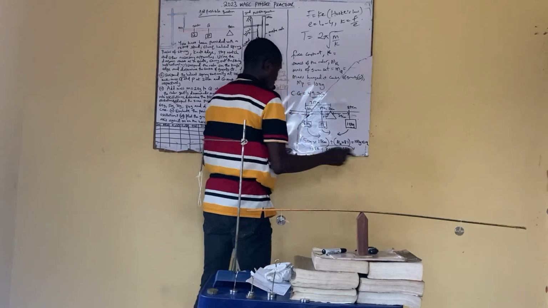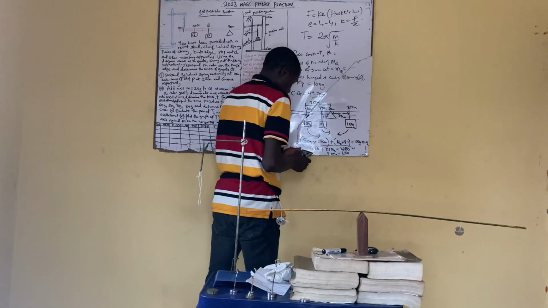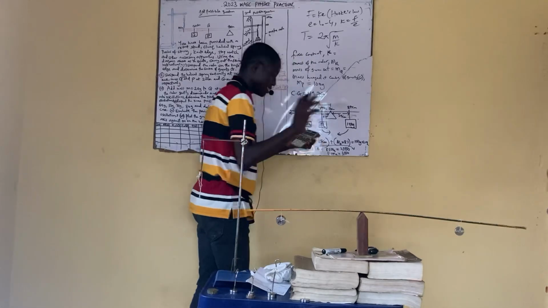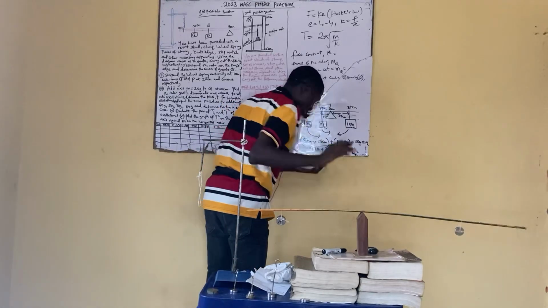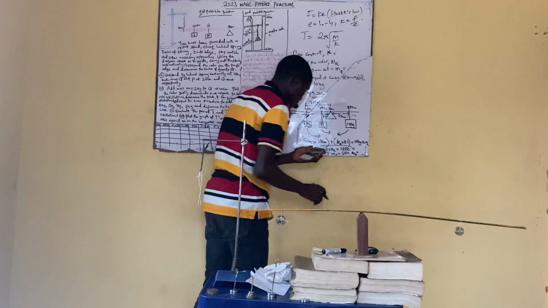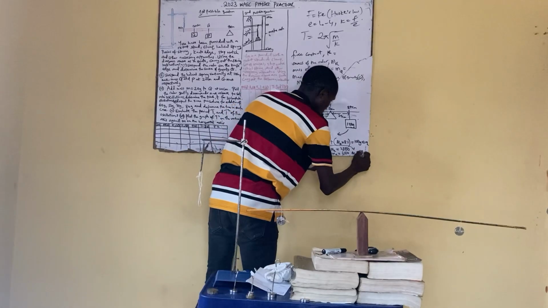So the value is 8.3. So the mass of the ruler that I get here, for as far as this ruler is concerned, MR here is 138 gram.